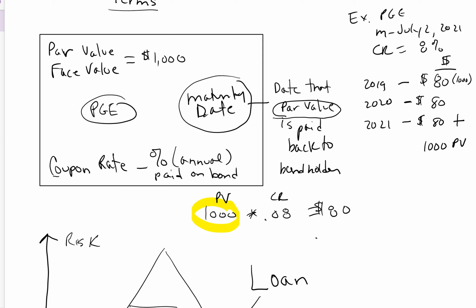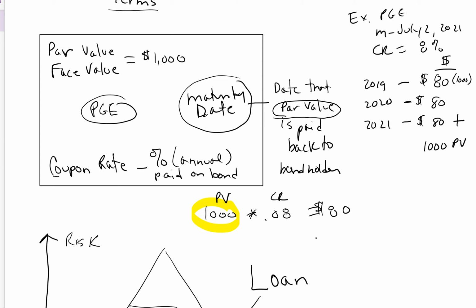Because as we all know, PG&E is a good company. PG&E has been around forever. And the likelihood that PG&E will pay their 8% annual interest payment is high. So lots of people want to buy bonds because of the relative safety that they offer. So that in a nutshell is how bonds work.